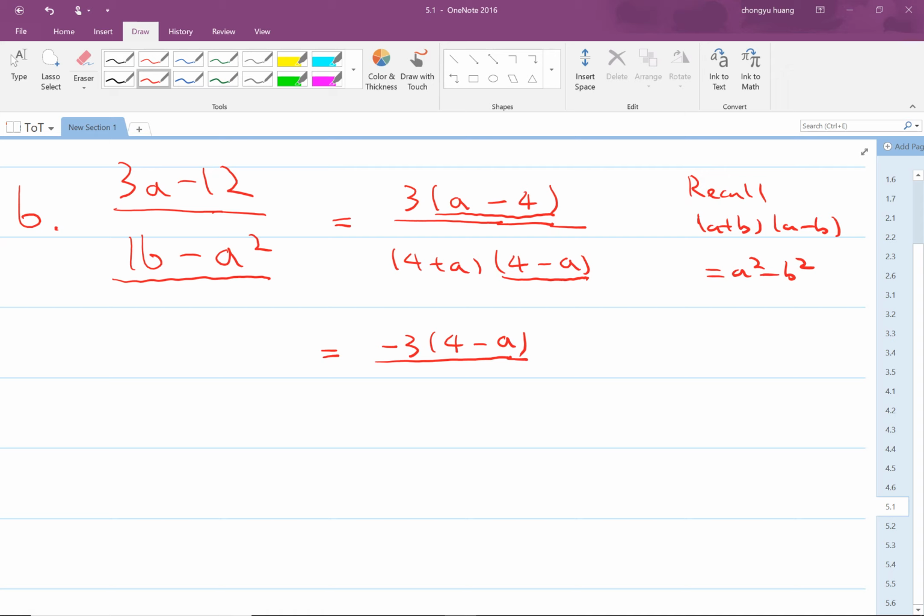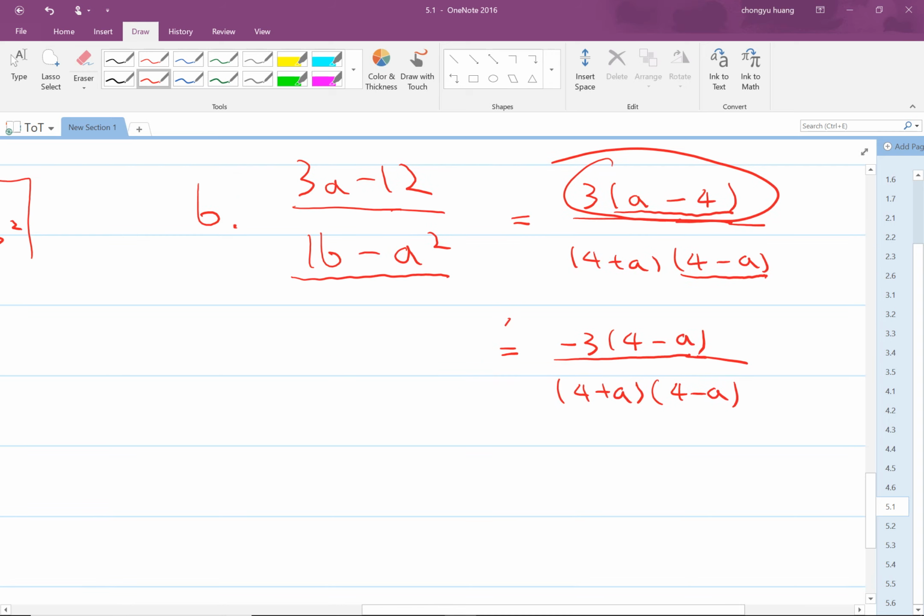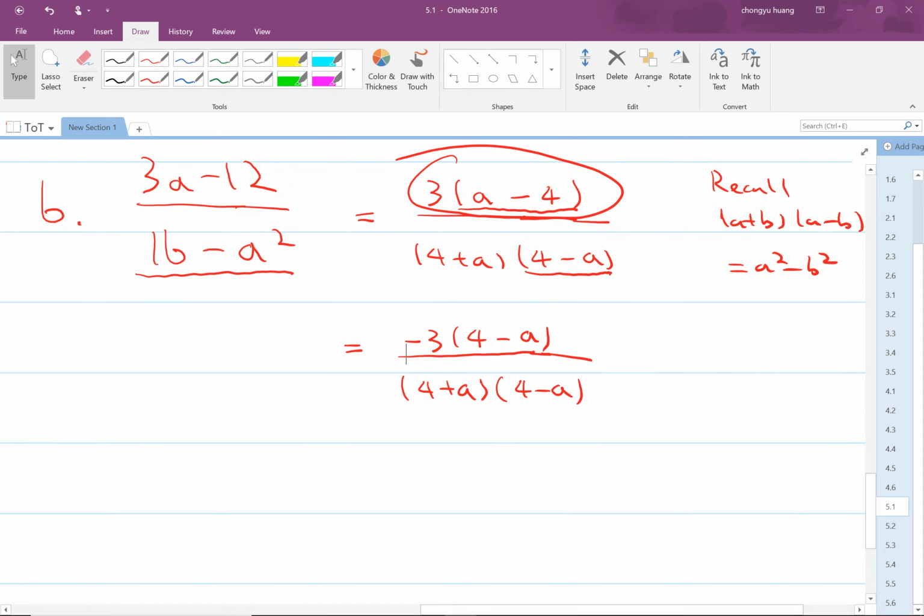So what we have over this part is 3 times a minus 4, and then we want to switch the sides, so that's why we add a negative outside, so it becomes negative 4 minus a. Now we write down the denominator 4 plus a and then 4 minus a. Now we are able to cancel the 4 minus a terms.